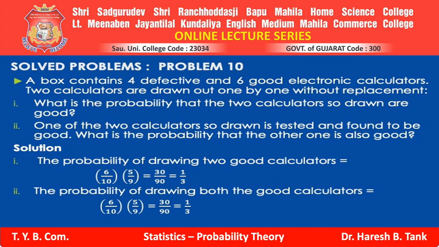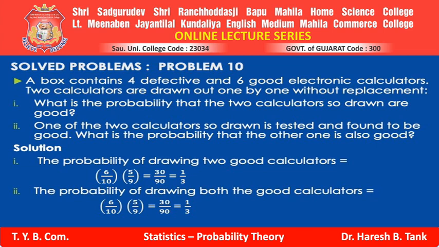So the probability of getting a second good calculator becomes 5 upon 9. Now when I say both of them are good, that means it is nothing but intersection, which is the product of these two. So 6 upon 10 multiplied by 5 by 9 comes to 30 upon 90, which comes to 1 by 3. Good enough?